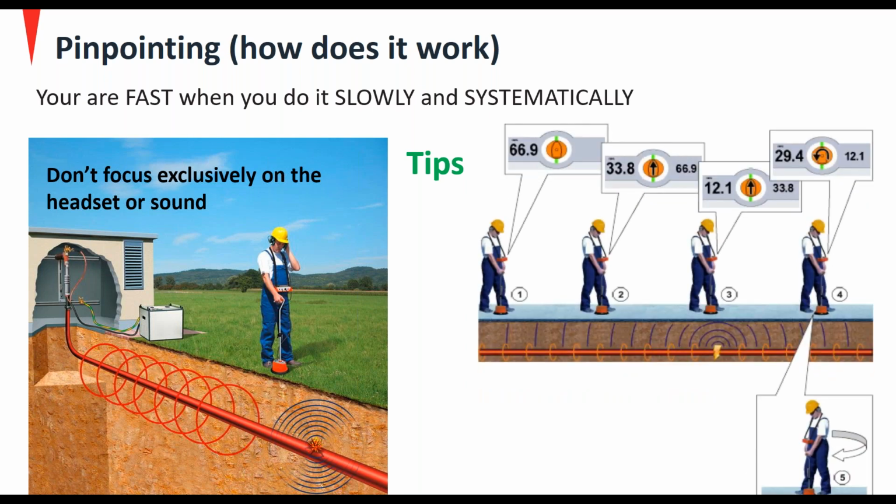Now here's an example where at position 1, we get a result of 66.9. Now the operator has moved closer to the fault, to position 2, and now he gets an indication of 33.8. He moves to position 3, he gets an indication of 12.1. And if he goes past the fault, the indication gets bigger.